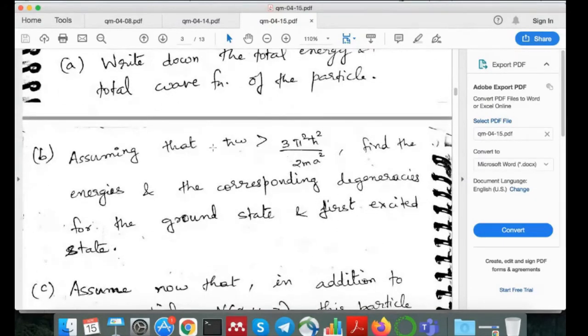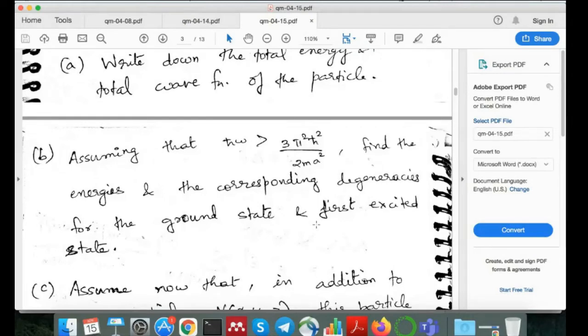The second question is, assuming that h cross omega is much greater than 3 pi square h cross square by 2m a square, find the energies and the corresponding degeneracies for the ground state and first excited state. You know that for a three-dimensional infinite square potential, we had some degenerate states.